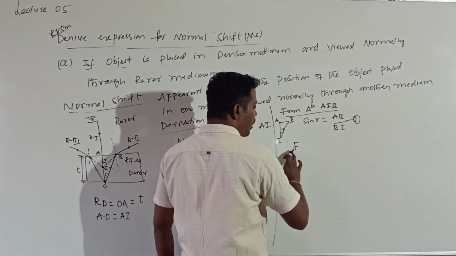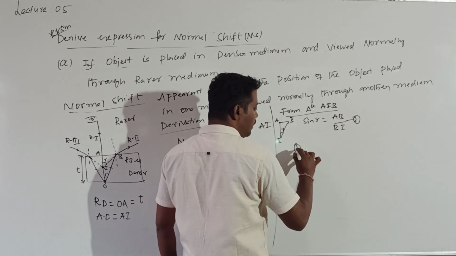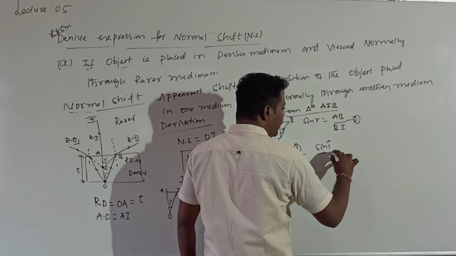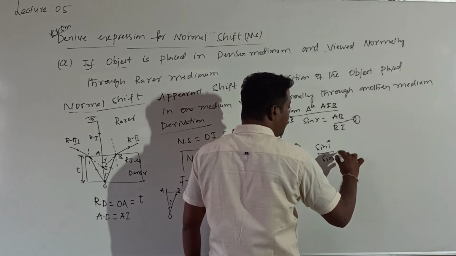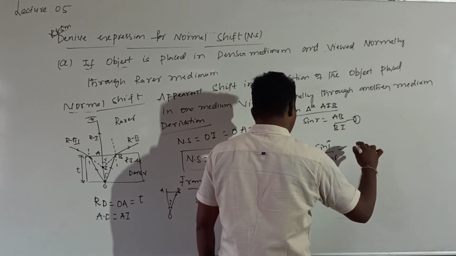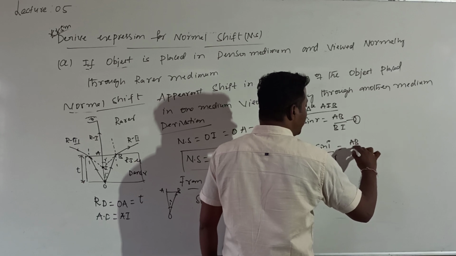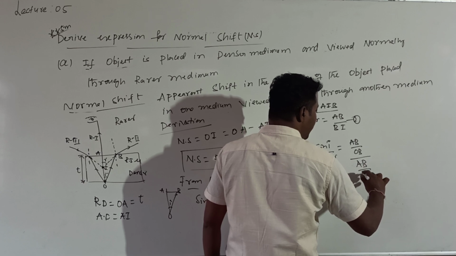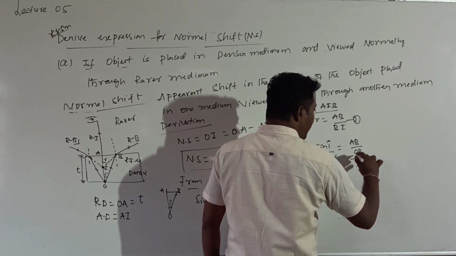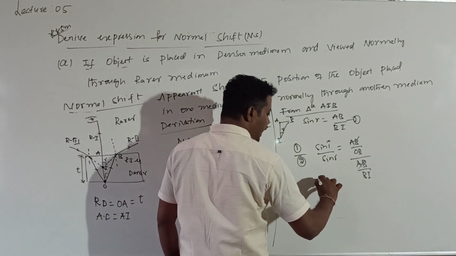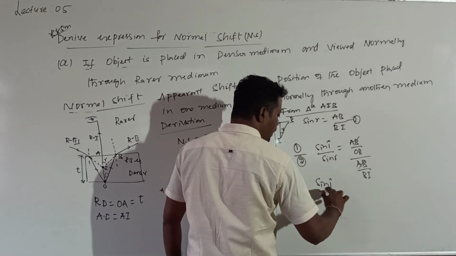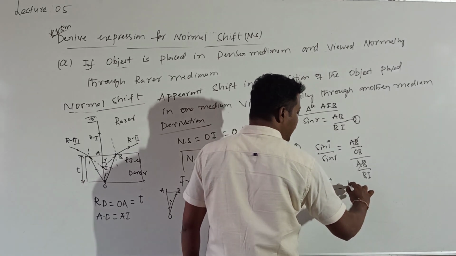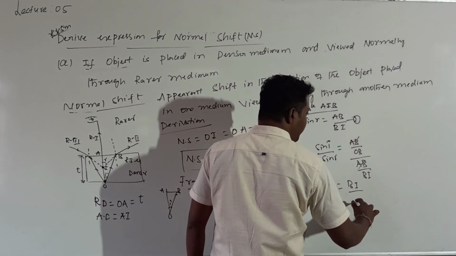Dividing equation 1 by equation 2, sin i divided by sin r is equal to (AB by OB) divided by (AB by BI). AB cancels, so sin i divided by sin r is equal to BI divided by OB.